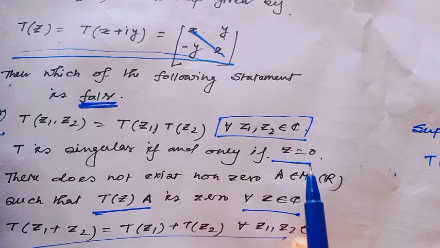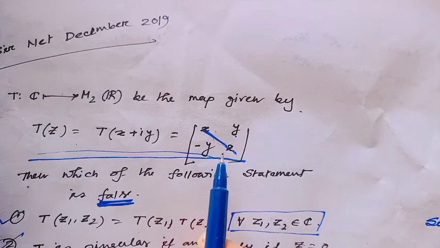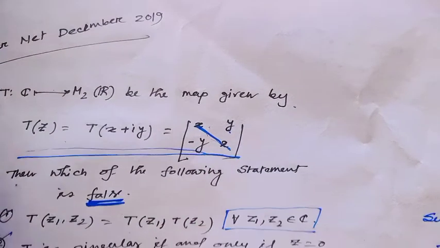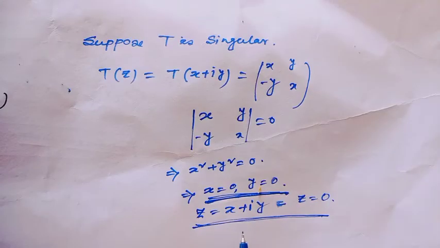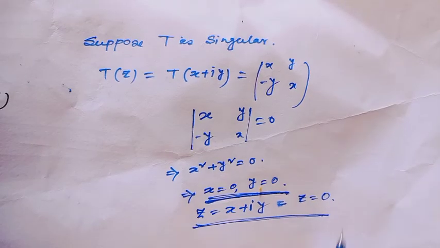That means when z equals 0, then obviously this linear transformation would be 0. Also, if T is singular, then that implies obviously z equals 0.